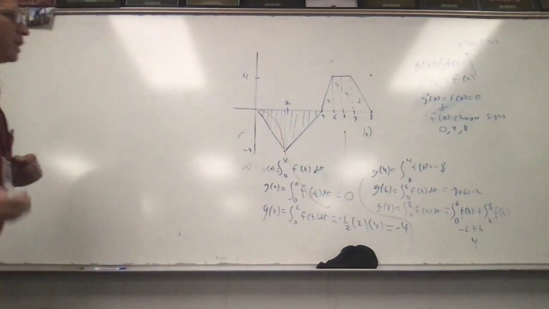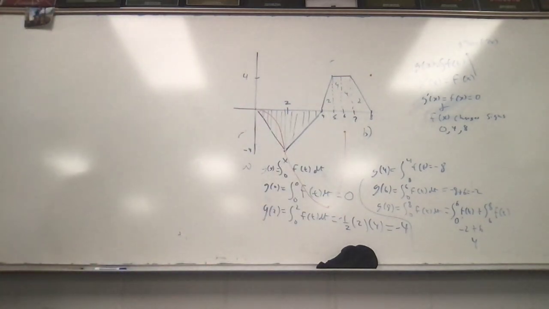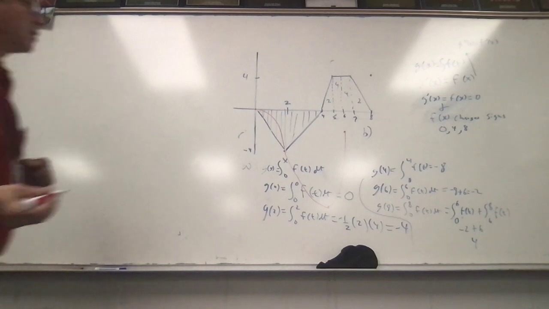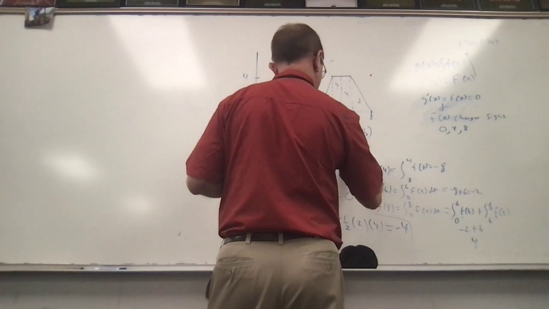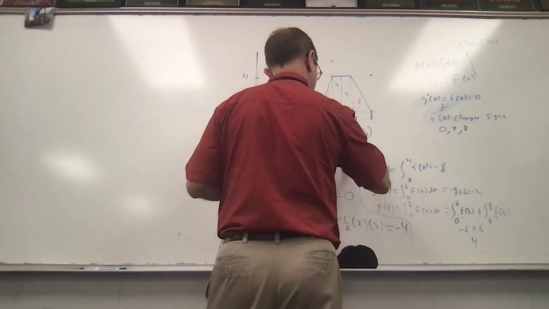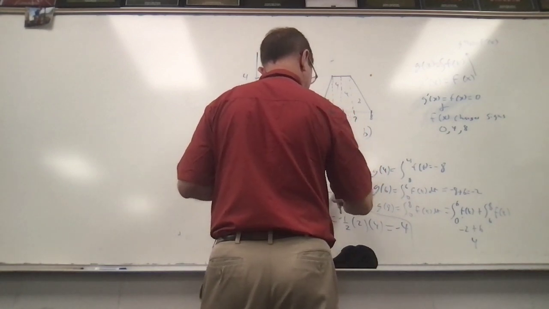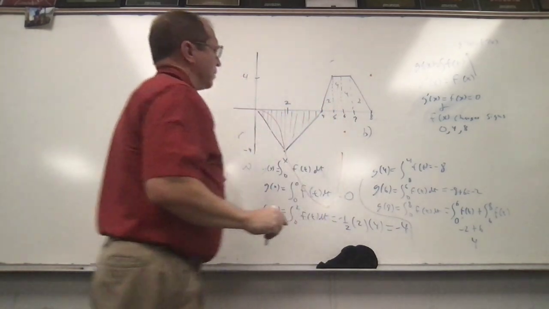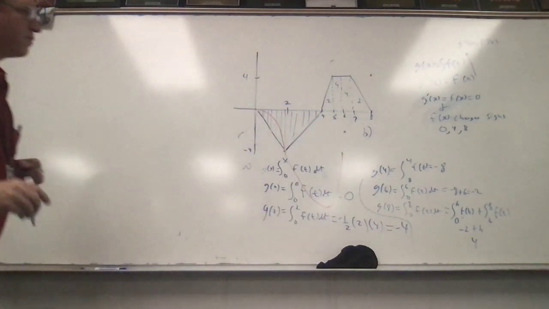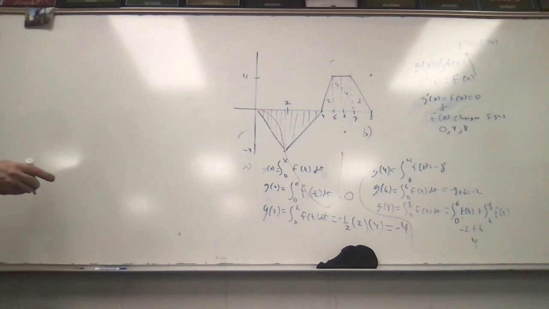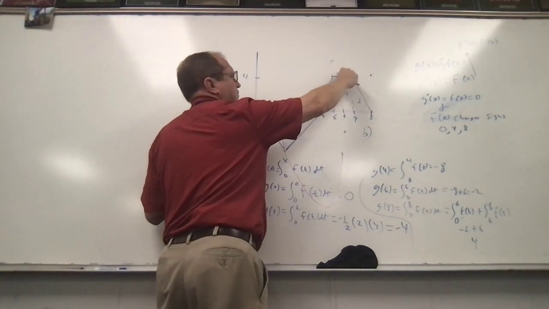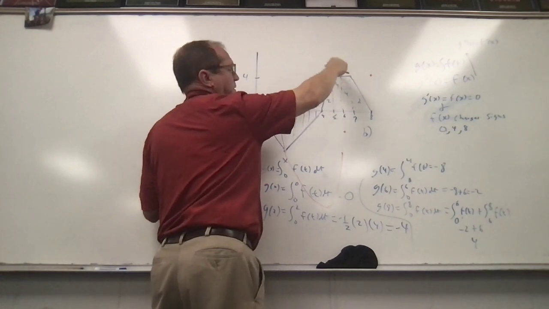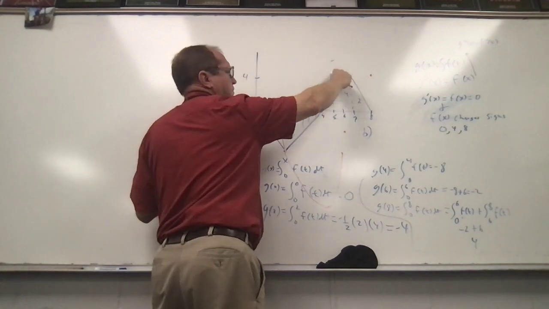Now, we didn't have to graph g of 5 or g of 7. But at 5 and 7, f is neither increasing nor decreasing.